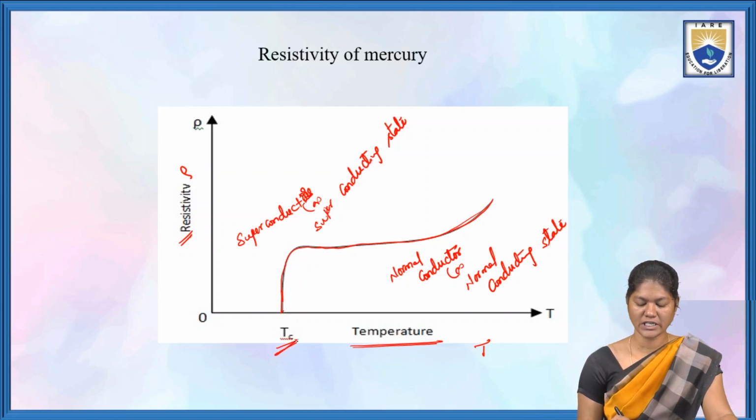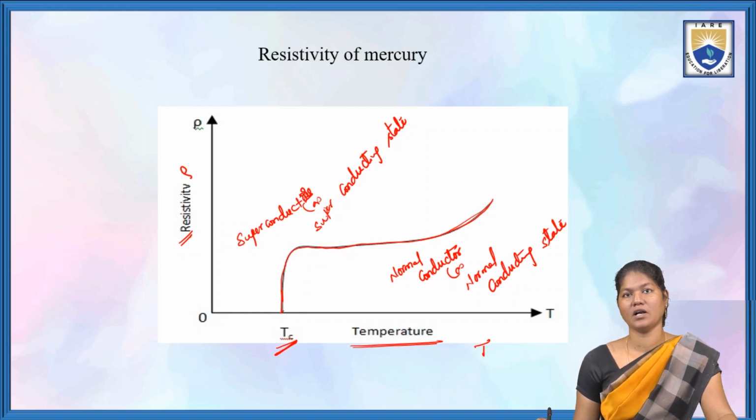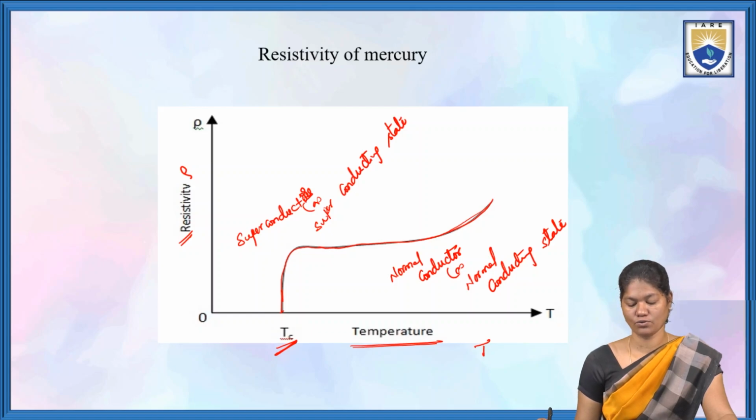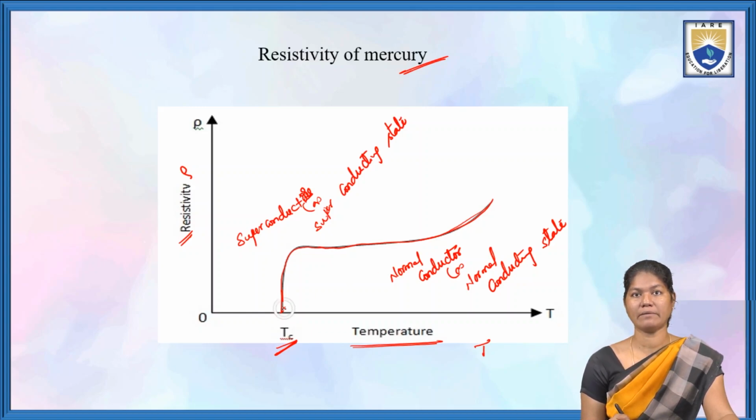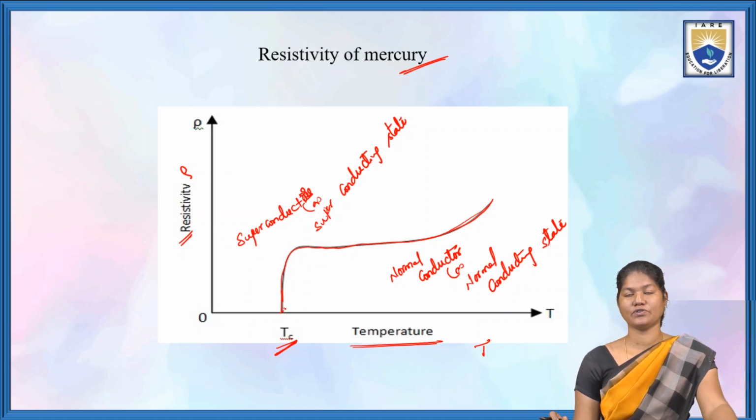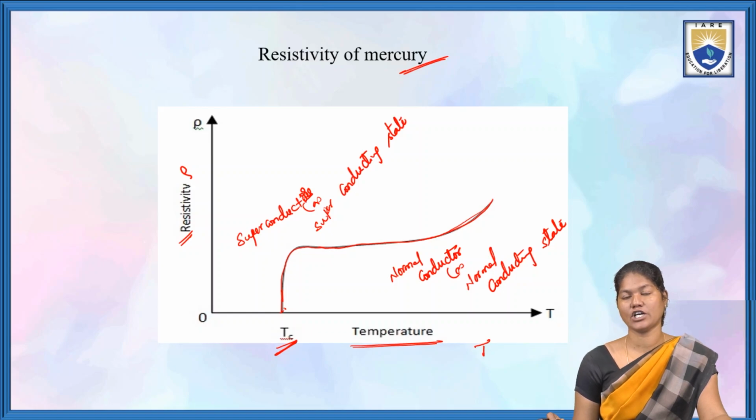As we know, Tc, the temperature at which the normal conductor transits to the superconducting state, is called the critical temperature. Taking the example of mercury, when its temperature is decreasing, at a particular temperature the resistivity decreases suddenly and falls to a very low value.